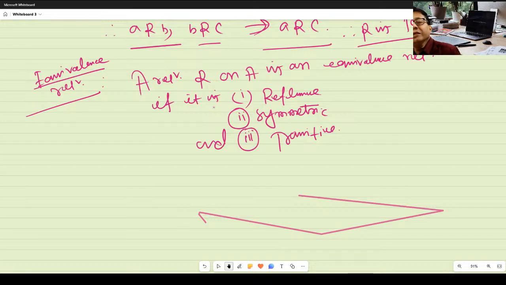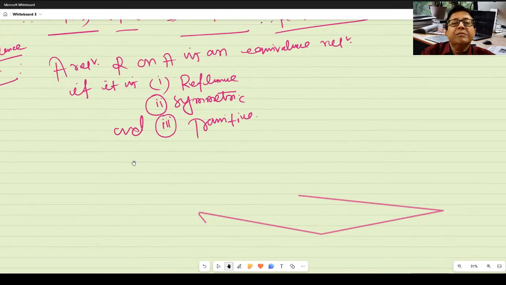If all three are valid over there, then it is an equivalence relation. So let me check with this example, setting one example for you here.